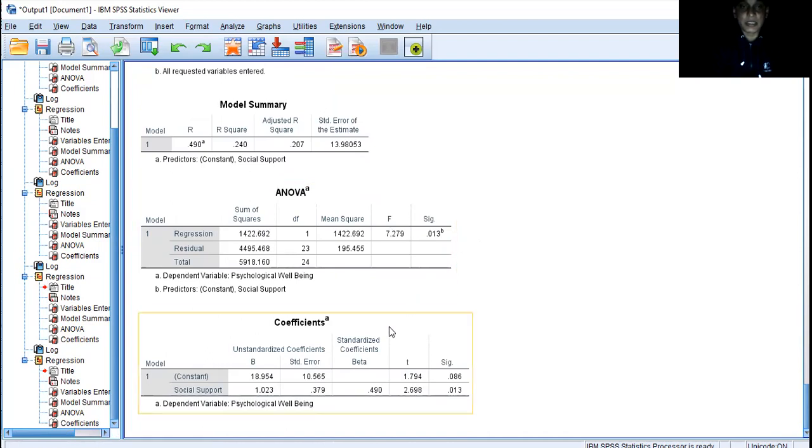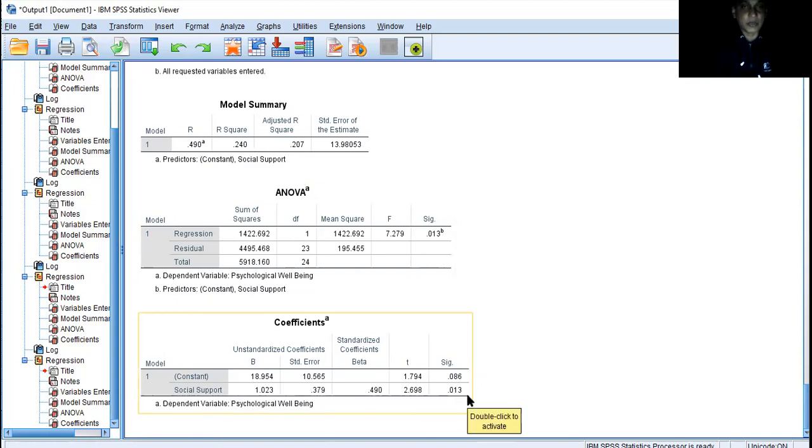And if you look at the coefficient value which we have got for social support in relation to psychological well-being, the t value comes to 2.69 something, and significance is 0.013. If you look at the significance of ANOVA and the significance of the t-test that we have conducted, they are the same. So in case of simple linear regression, we'll find the significance being almost the same.